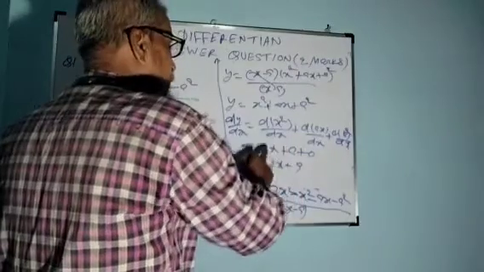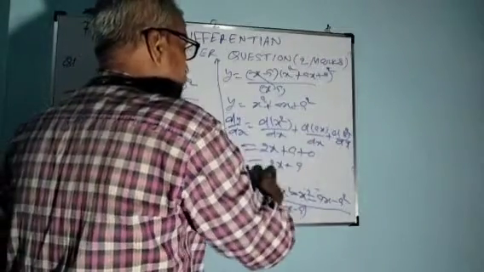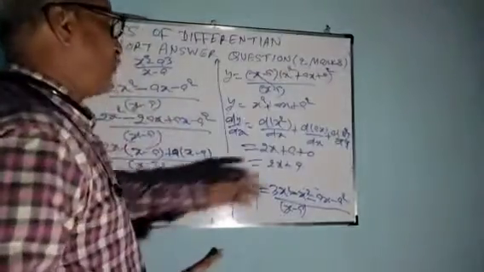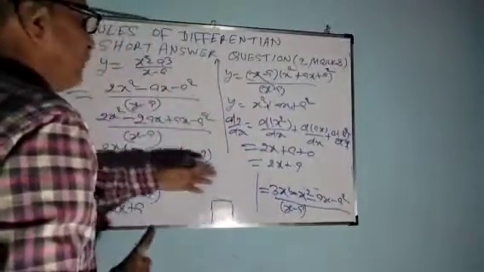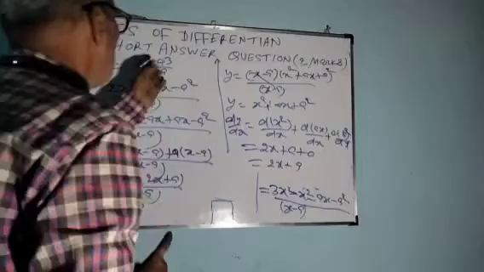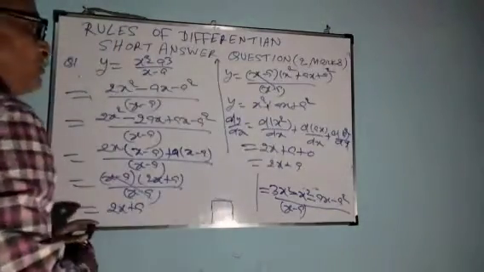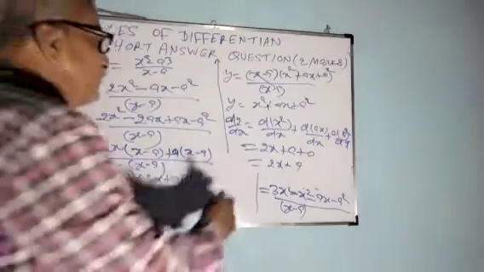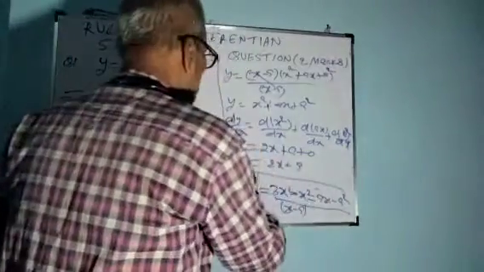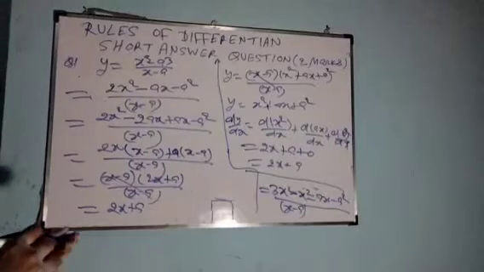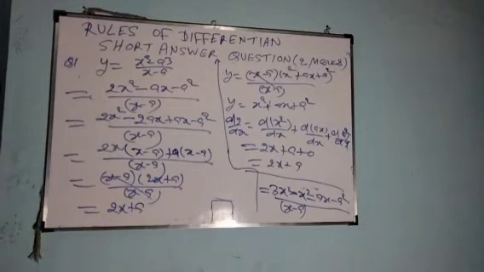So this is 2x plus a plus 0, that is 2x plus a, and this is the required DC of the function. We obtain the DC of the function in this way, or in this way also. You write it in your notebook.